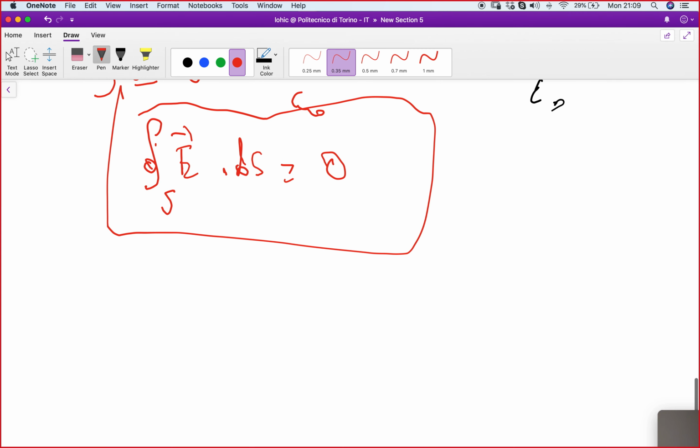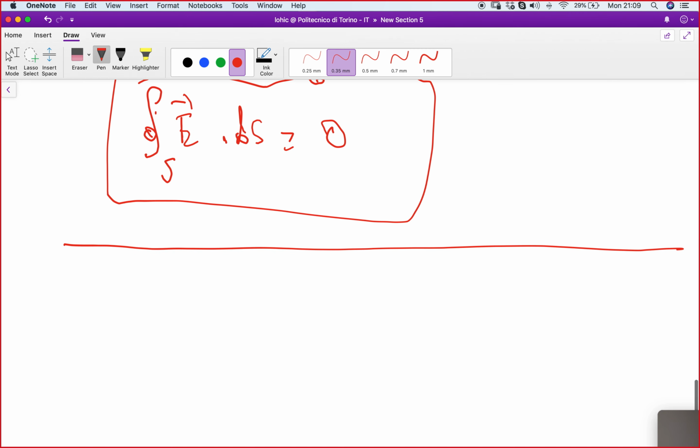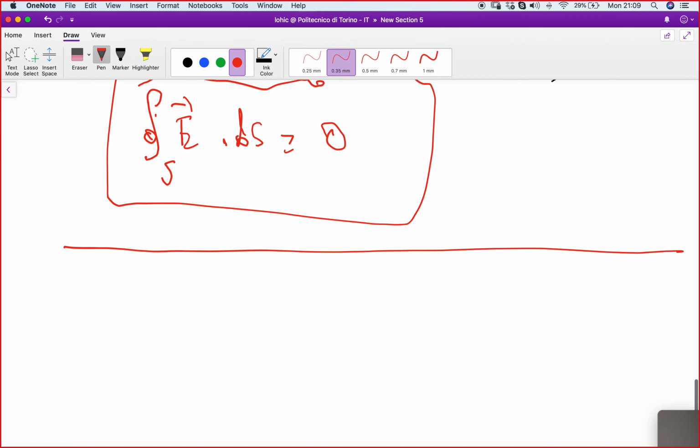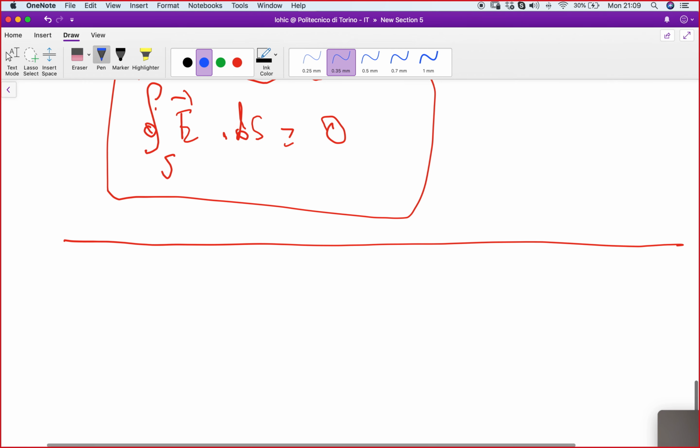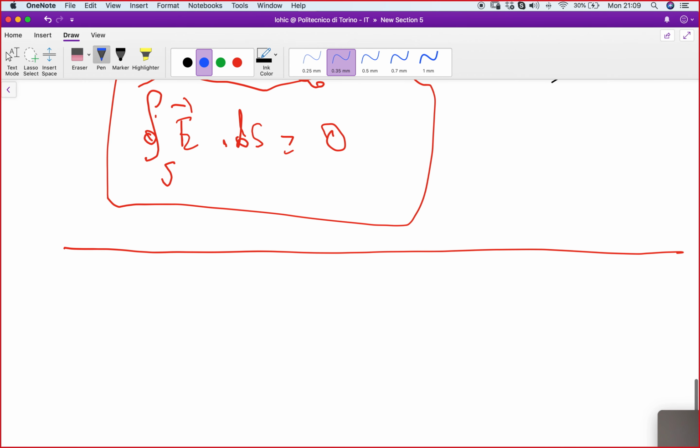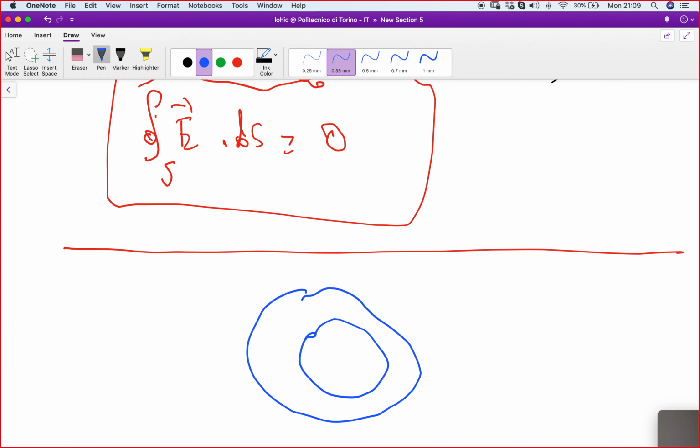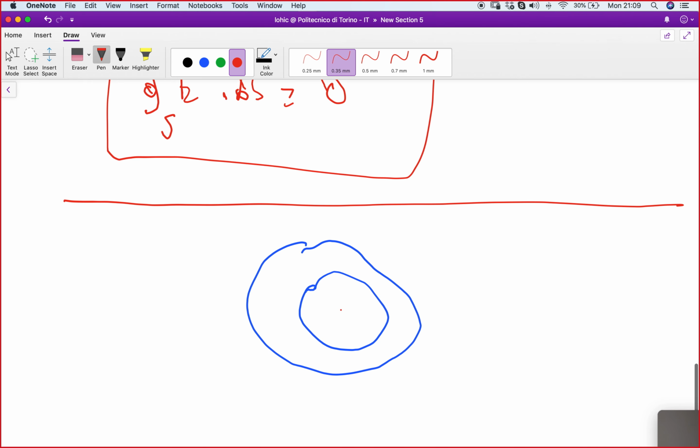Now the last thing we see is what happens if we take a conductor with a cavity and we put some charge inside. Suppose I take a conductor like this with some cavity and I go here and I put some charge Q here.